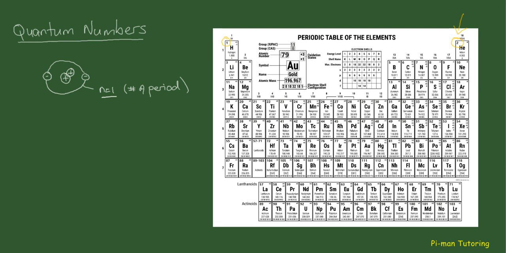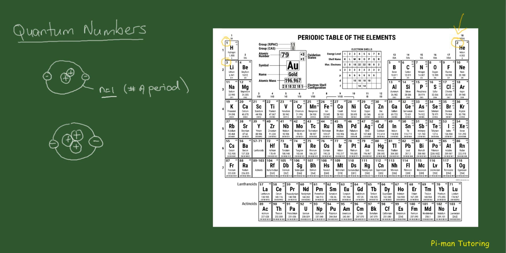And now what happens as we move to period number 2, we encounter lithium. So now we've got 3 protons in the nucleus. I'm ignoring the neutrons for now. We know that 2 electrons are already filling the n equals 1 shell.